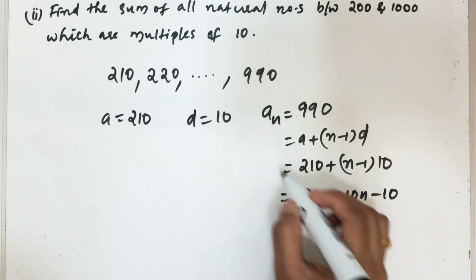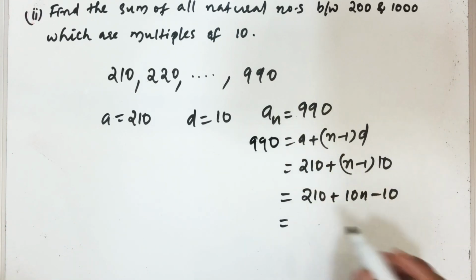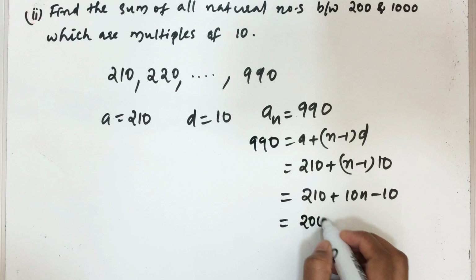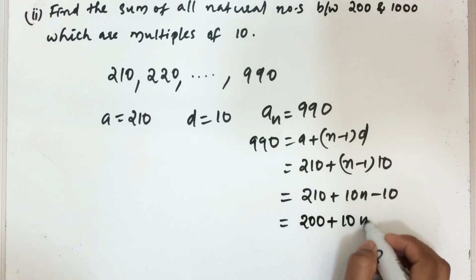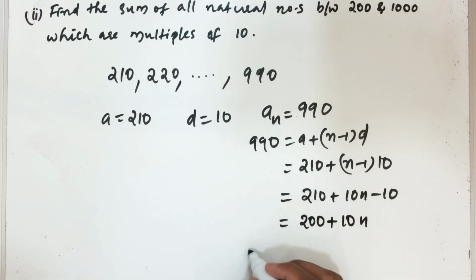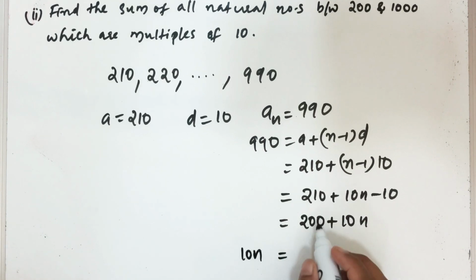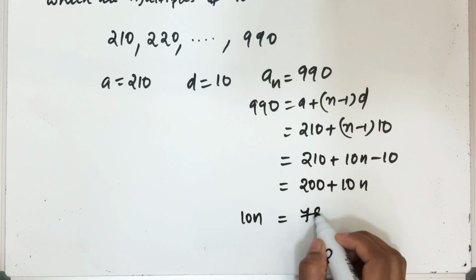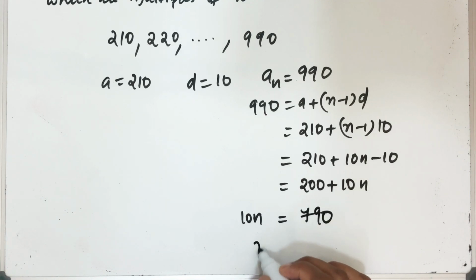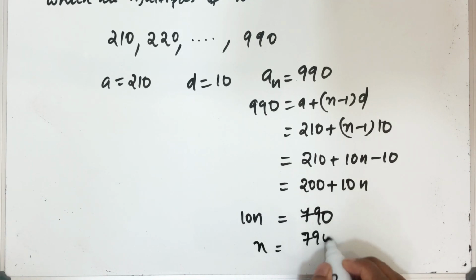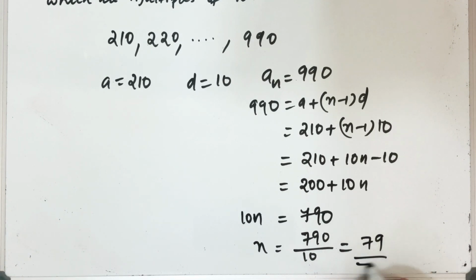An is 990 given, that is 200 plus 10n is equal to 990. Therefore we can write 10n is equal to 990 minus 200, that is 790. So n is equal to 790 by 10, which is equal to 79.